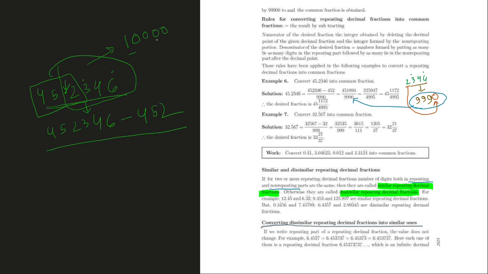So you just write down 1 for the decimal and a 0 for that, so you get 9,990. So divide with 9,990.